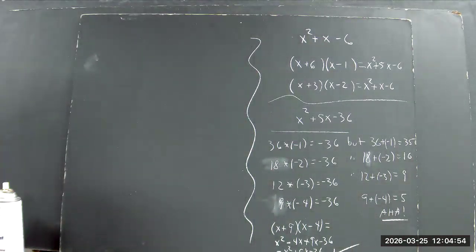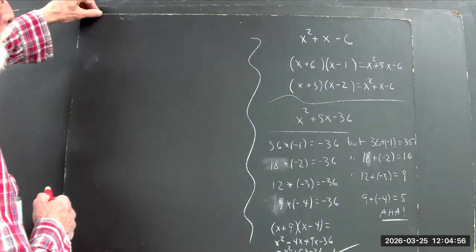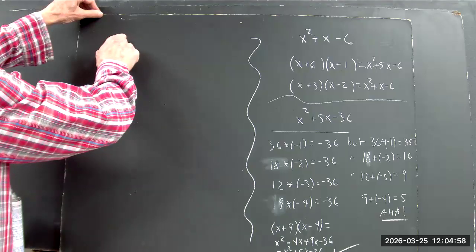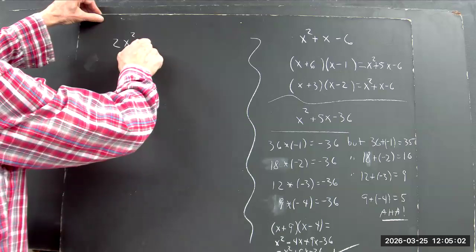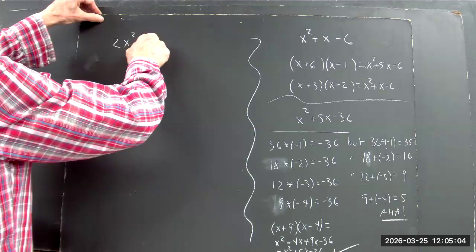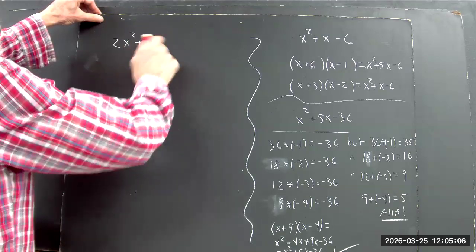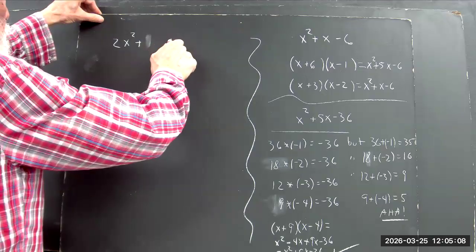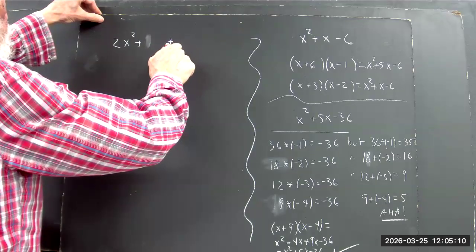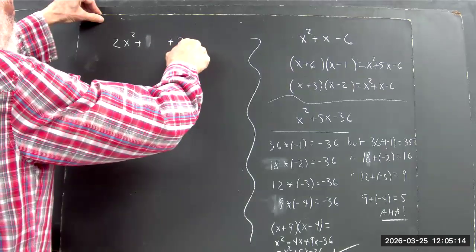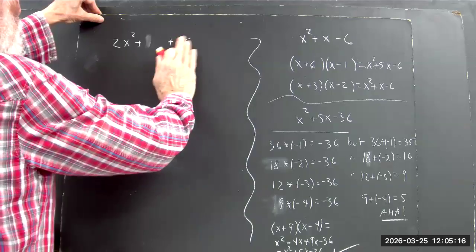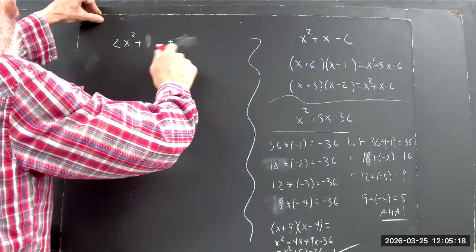Let's say we have 2x squared. Well, let's get the number over here. Plus 5. No, there's only one way to break down 5.